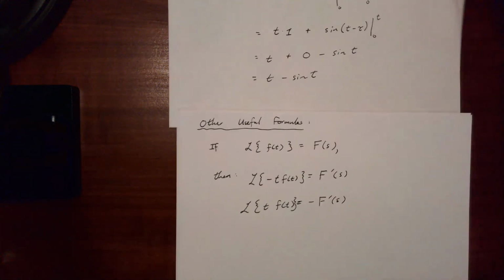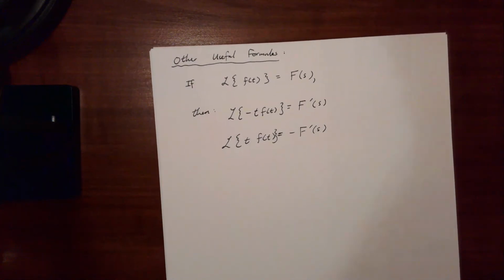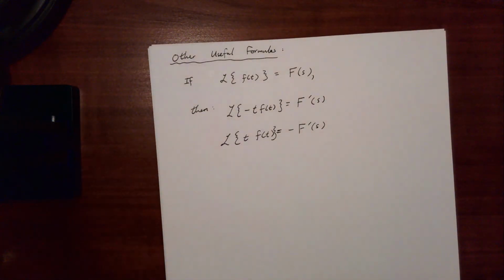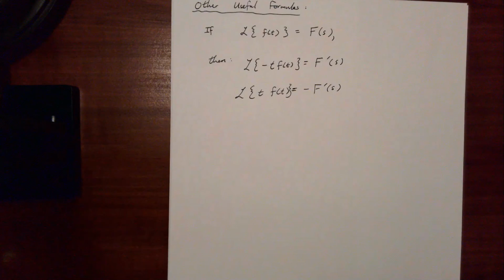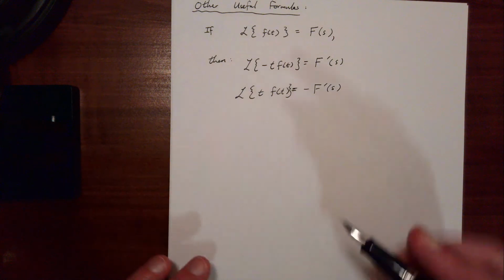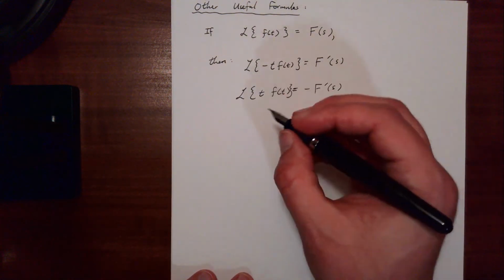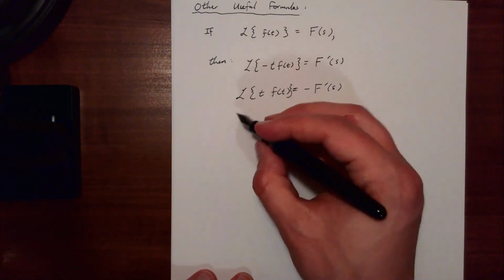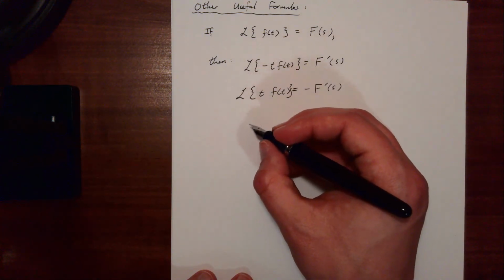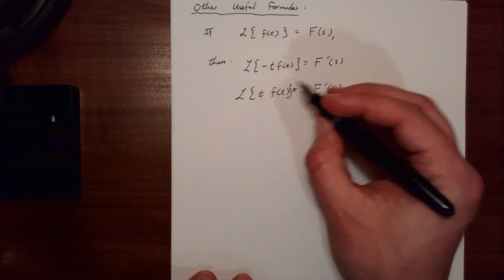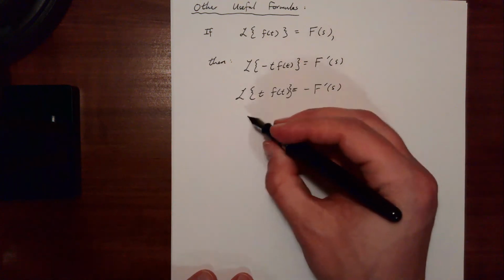So where this comes in handy is if you already know the Laplace transform of a certain function, and you are instead asked for the Laplace transform of t times that function, you can basically just differentiate what you know with a negative in front and get the new Laplace transform. All right. Sometimes though it's easier said than done differentiating the expressions, but at least differentiation is easier than integration.